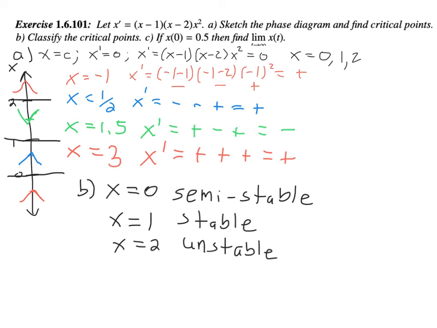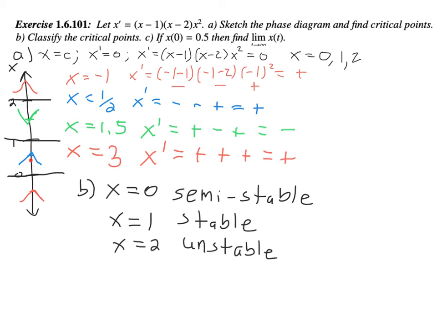And then finally, the last part, C, asks us to identify what happens if we were to start off at initial condition of 0.5. And so what's really nice about these phase diagrams is now, given any initial condition, I can determine what's going to happen in the long run for that solution.